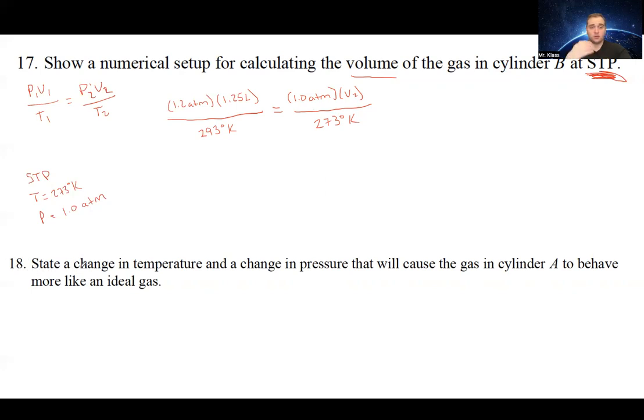Question number 18, still applying to the same graphic. State a change in temperature and a change in pressure that will cause the gas in cylinder A to behave more like an ideal gas. This is something that you're going to have to memorize. We talked about this a couple slides previously. But if we want a real gas to behave most like an ideal gas, we need to increase the temperature, decrease the pressure.